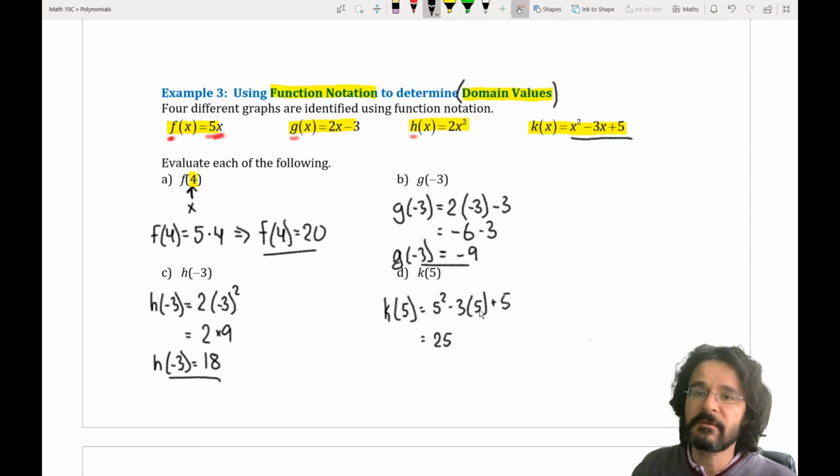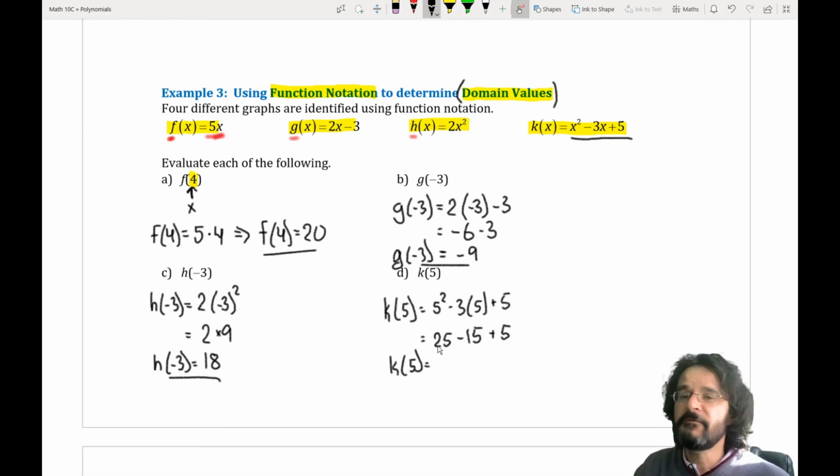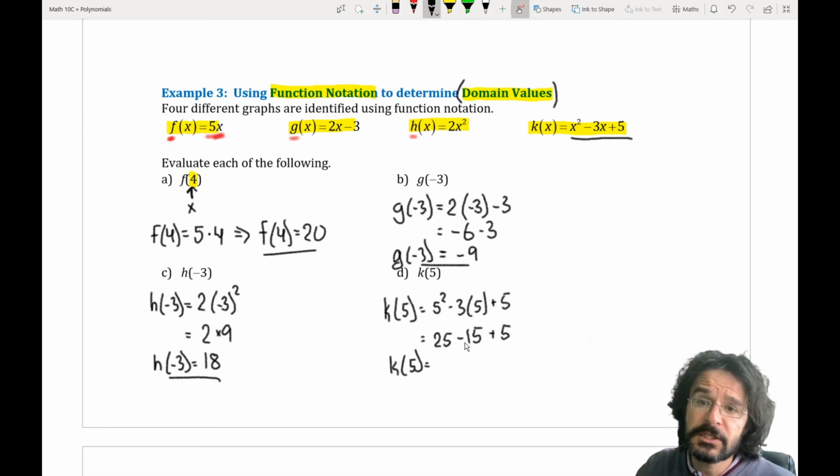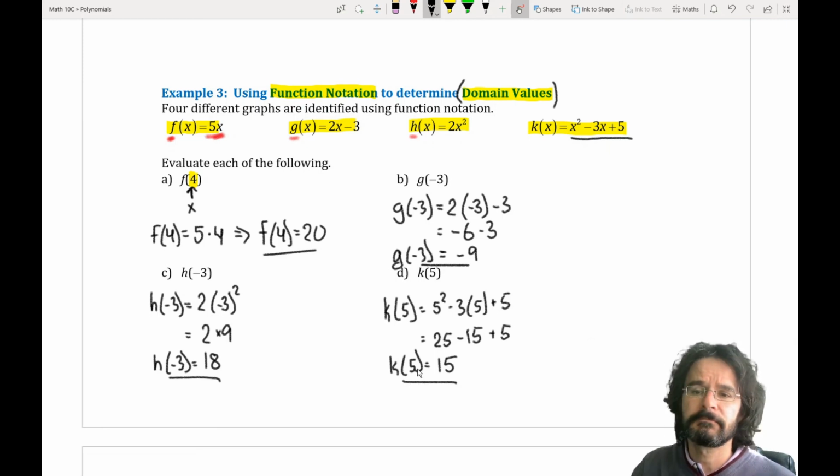Negative 3 times 5 is negative 15 plus 5. So k of 5. 25 minus 15 is 10. 10 plus 5 is 15. So k of 5 equals 15.